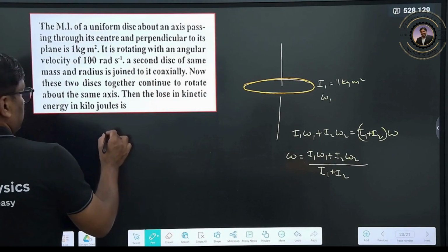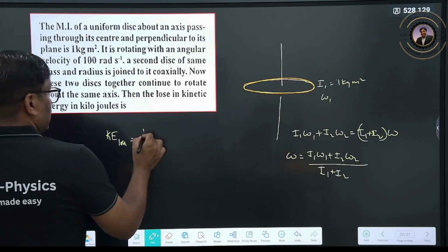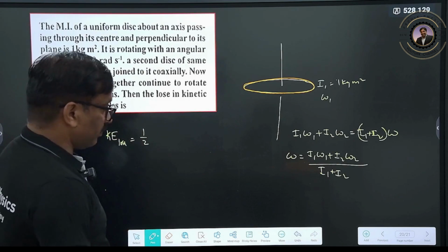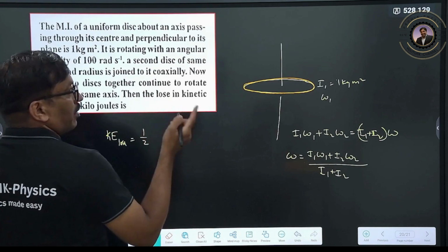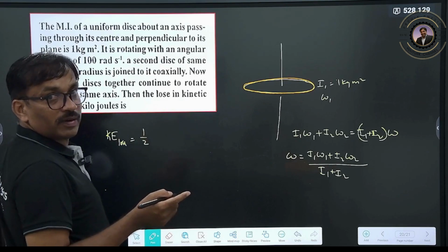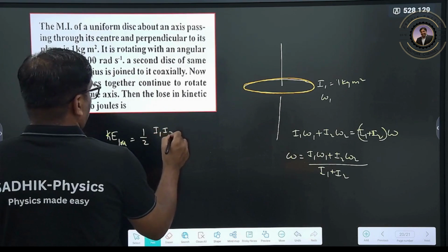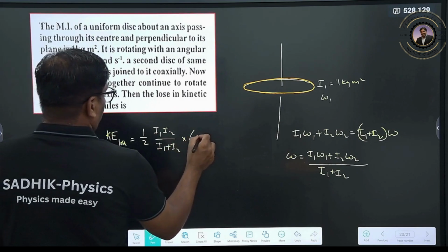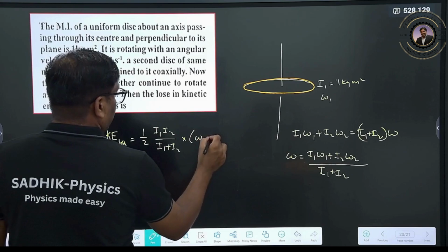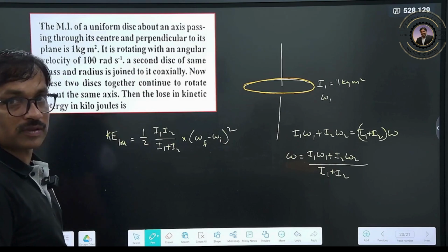Now the loss of kinetic energy we already studied in the collisions lesson. Half m1 m2 by m1 plus m2 into v1 minus v2 whole square. But here it is half I1 I2 by I1 plus I2 into omega final minus omega initial whole square. In this way you can solve the problems very easily.